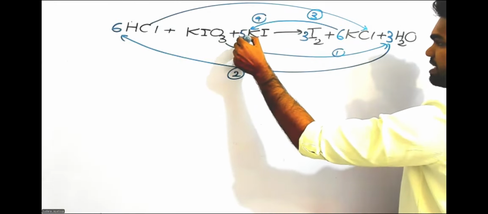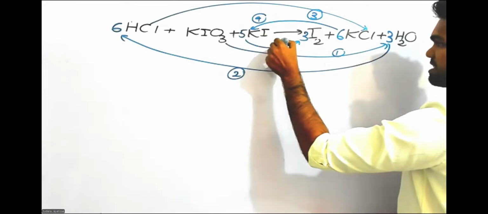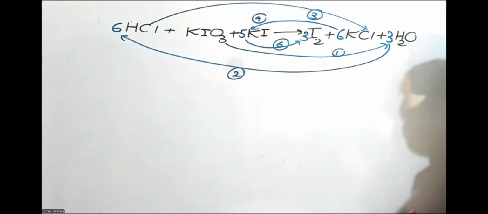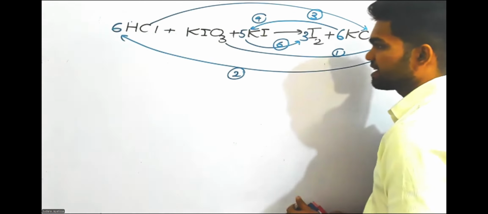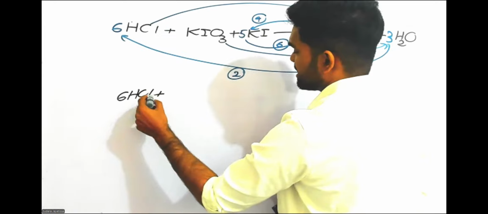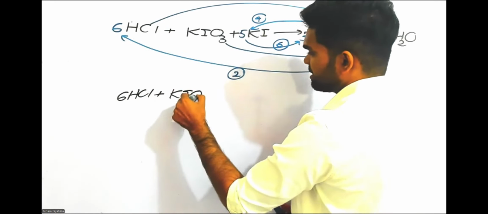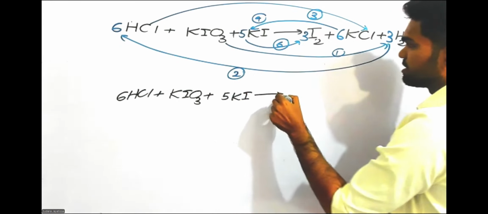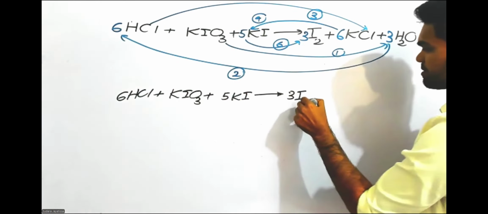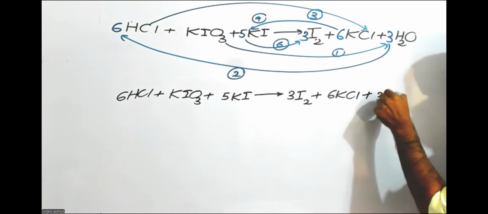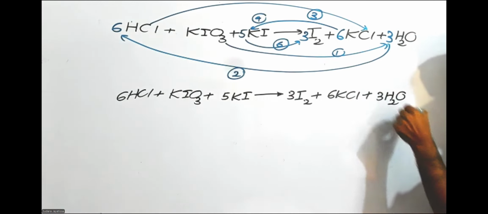And then finally, we came to this as the 6th step. Okay, so however, we have this balanced equation. So I'll write that again: 6 HCl reacts with KIO3, 5 KI goes to 3 I2, 6 KCl and 3 water.